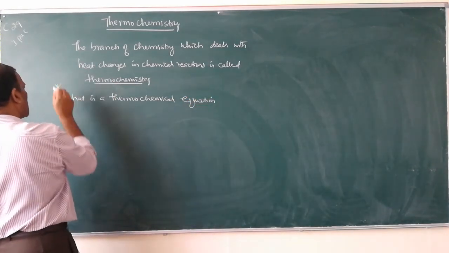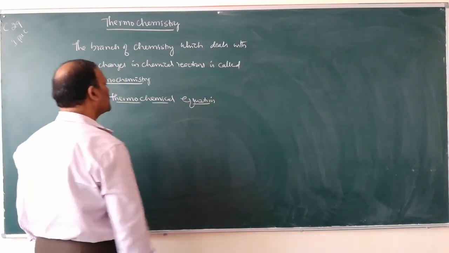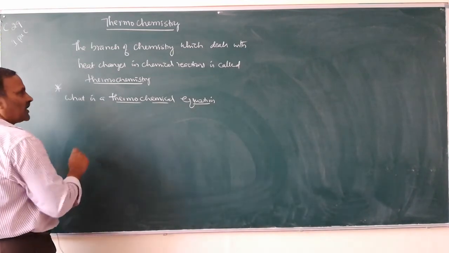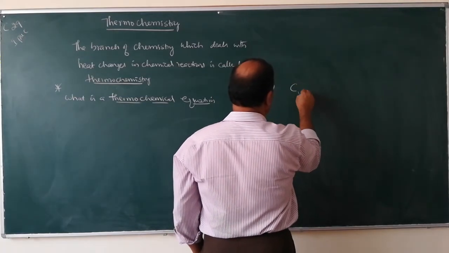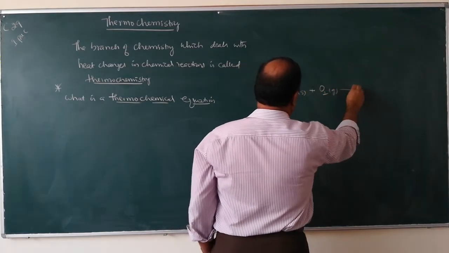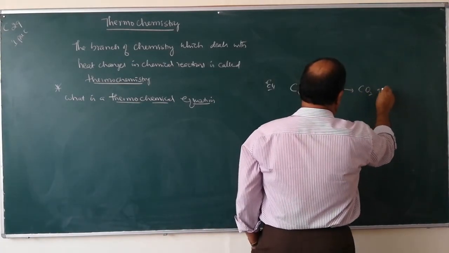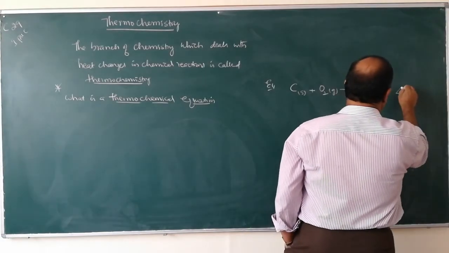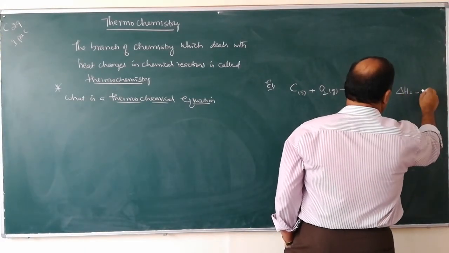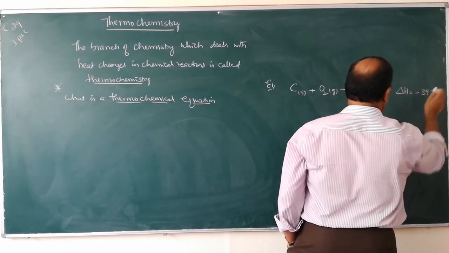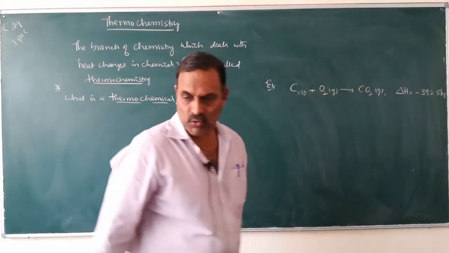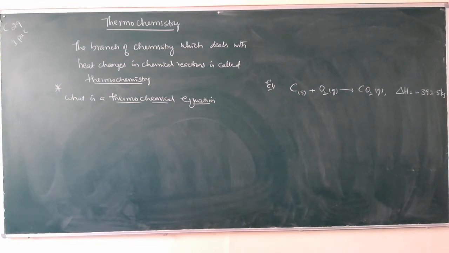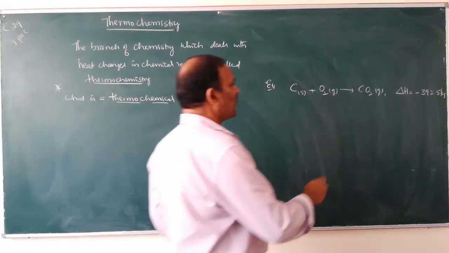Example, look at this reaction: C(s) plus O2(g) gives CO2(g), delta H equals minus 393.5 kilojoules.